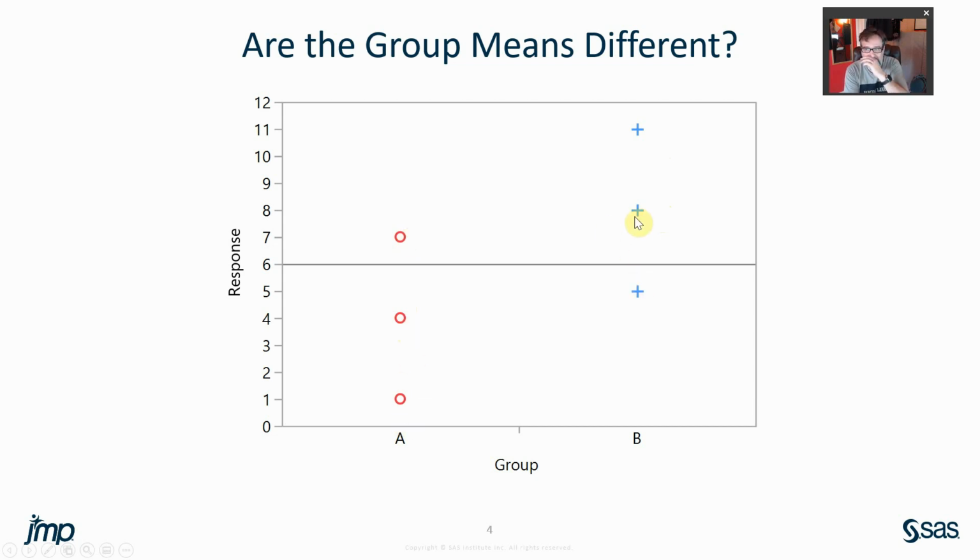And 5, 8 and 11 adds to 24, divided by 3, which is 8. So we've got two different sample means, with a spread of data either side of them. One of the observations is right on the mean, but the other ones are spread either side.